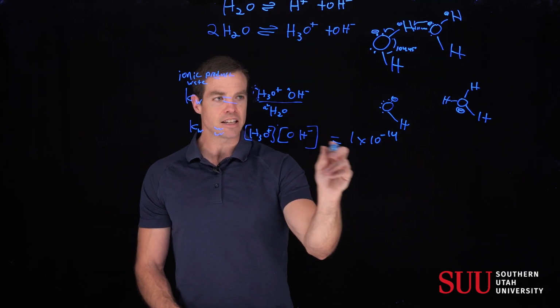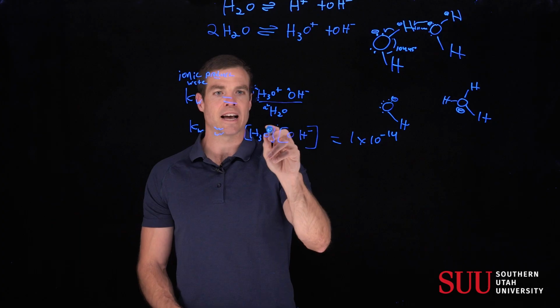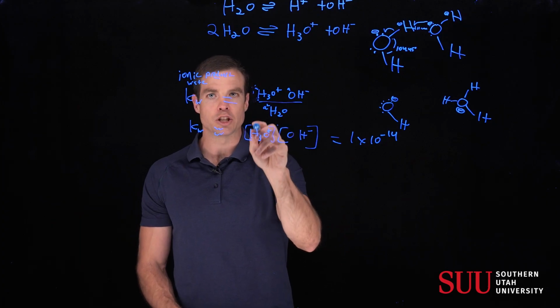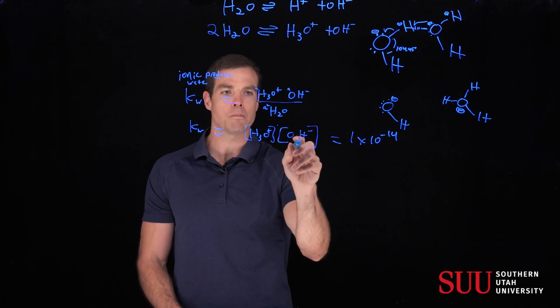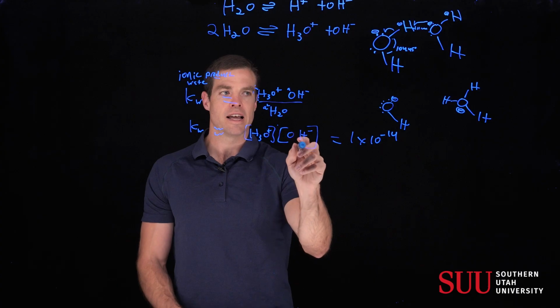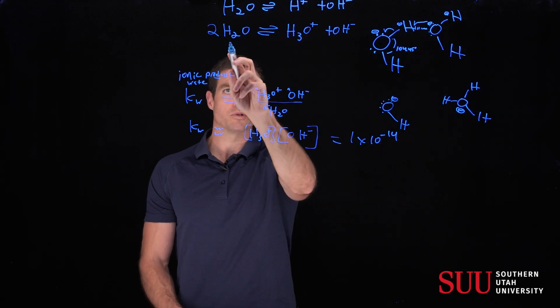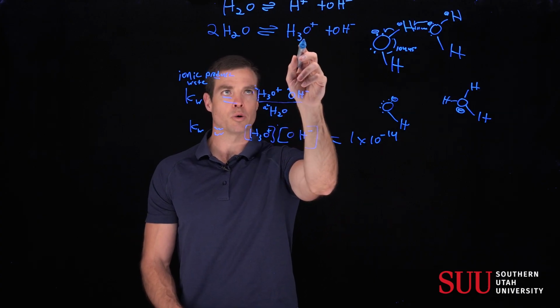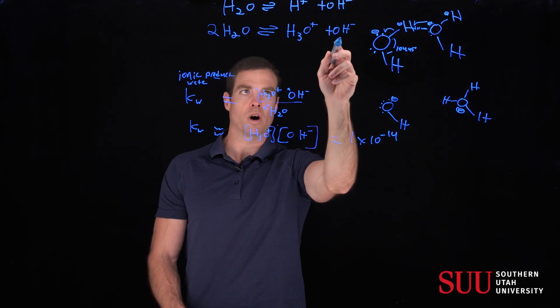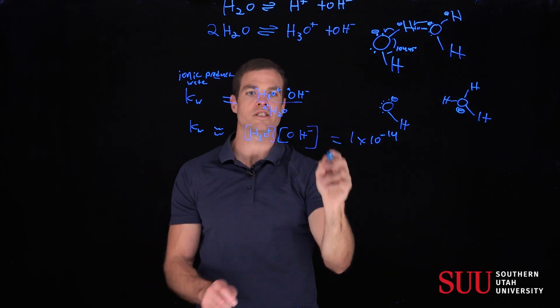Now, if that's true, then for every hydronium ion you get 1 hydroxide ion, because it's a 1-to-1 ratio, right? See right here? You created 1 hydronium ion, therefore you created what? 1 hydroxide ion, so a 1-to-1 ratio.